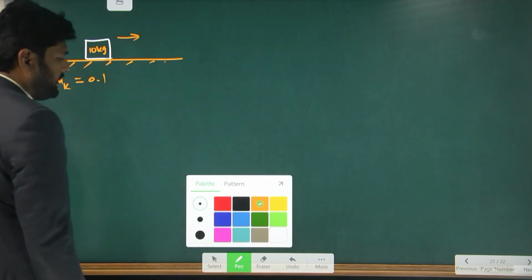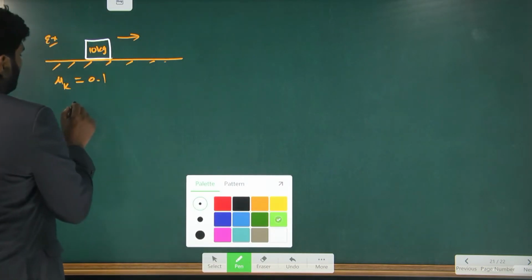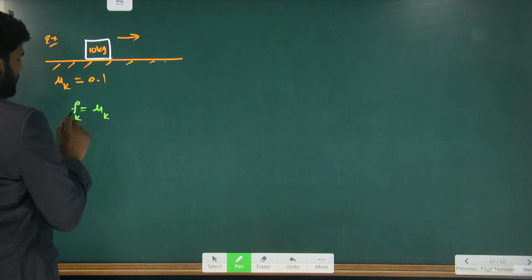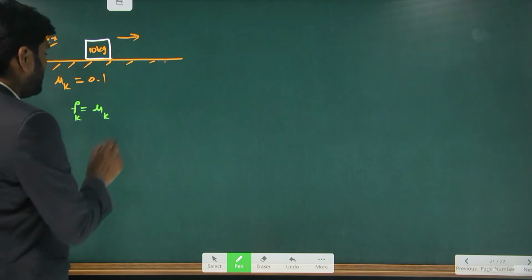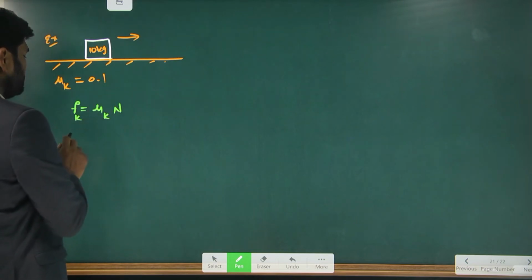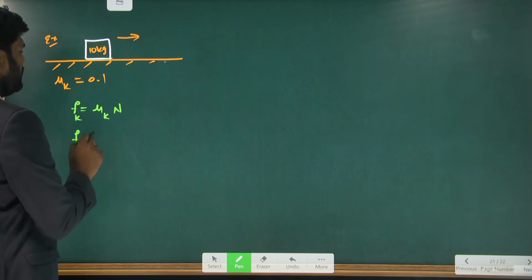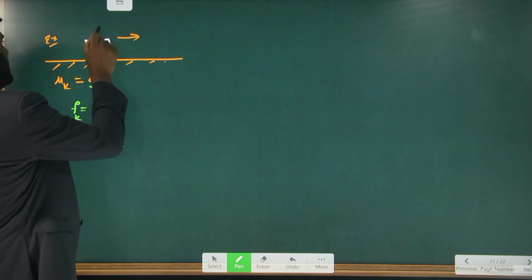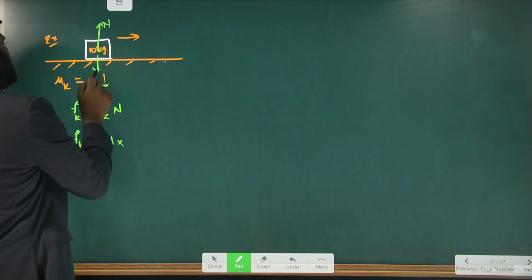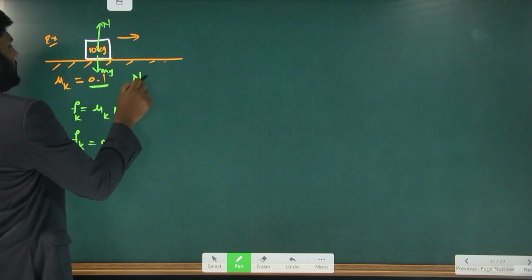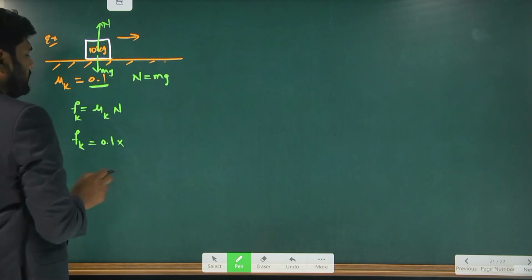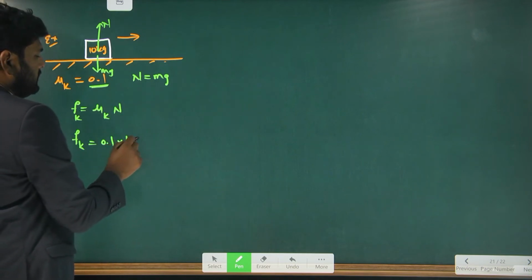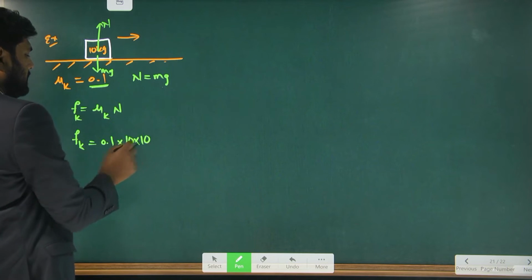Again, same formula. What is the formula here? Kinetic friction Fk is equal to mu k into normal reaction. What is mu k here? 0.1. What is the normal reaction? Normal reaction would be in the upward direction, and here also normal reaction is equal to mg, which would be 10, and acceleration due to gravity you can take 10.